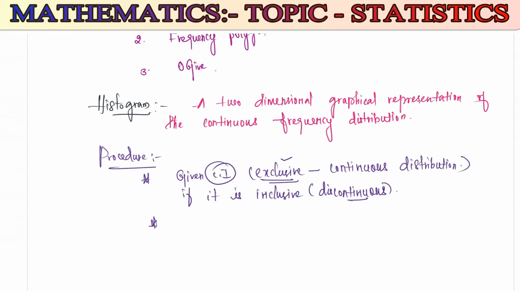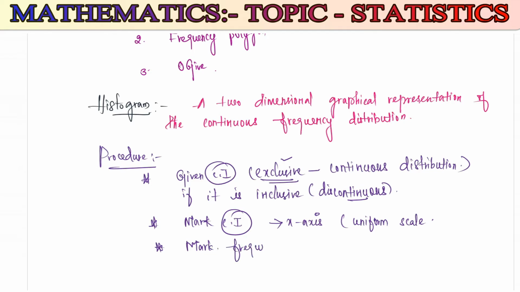The second step, we need to mark the class interval on the x-axis. It should be a uniform scale. And you have to mark frequency on the y-axis, also on a uniform scale.